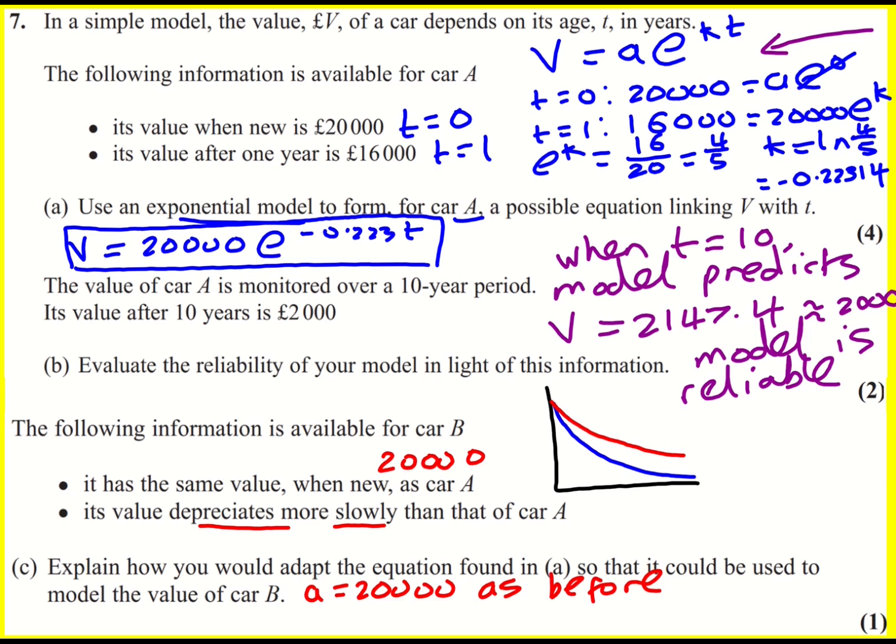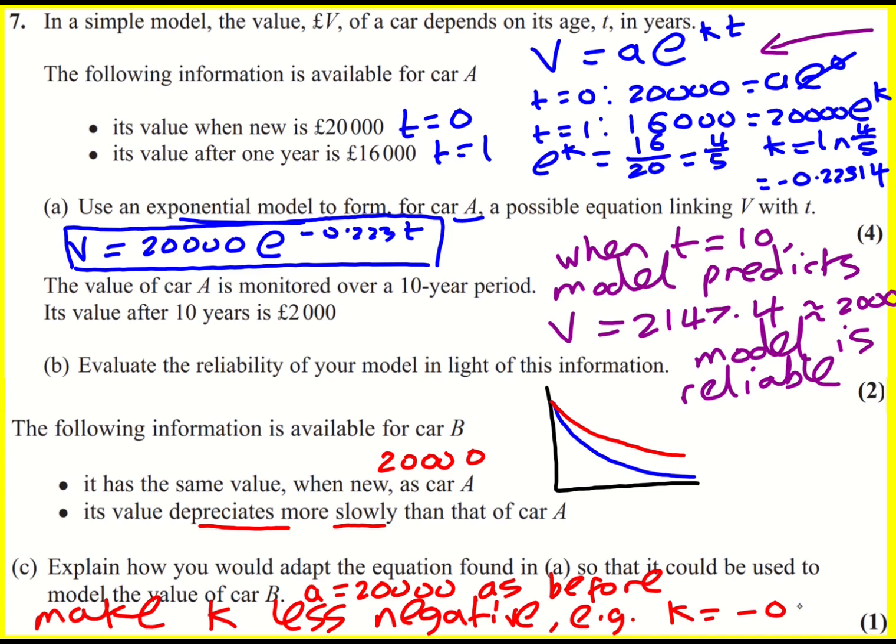I want to say larger, but it's going to get smaller in magnitude, but larger in that it's going to be less negative. That's probably the thing to say. So make k less negative. We still want it to be negative for it to be decaying. So for example, k equals minus 0.2.